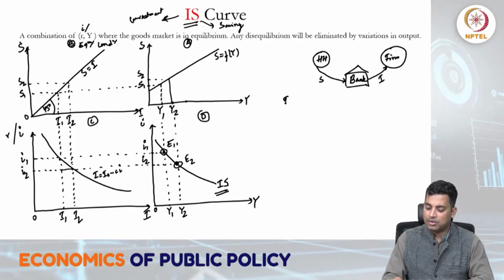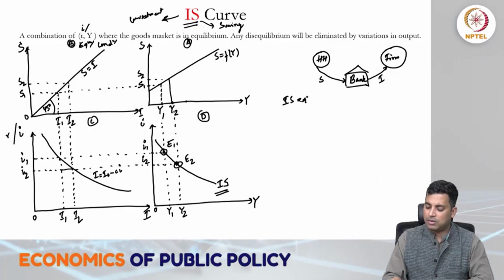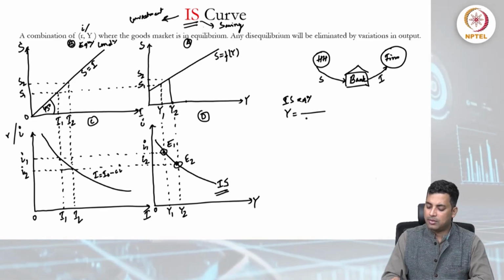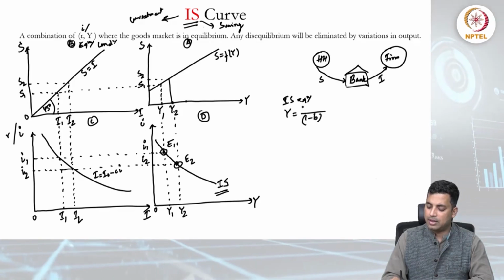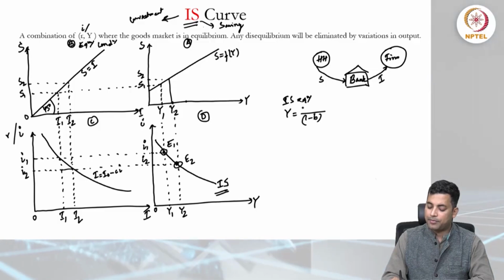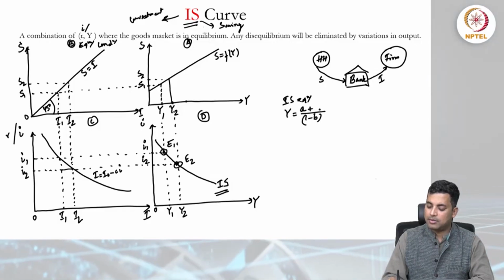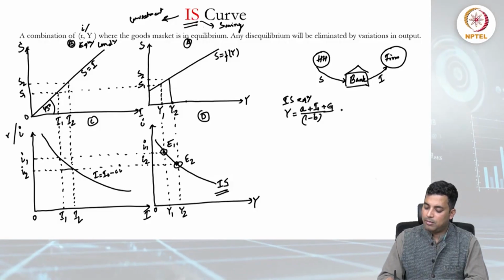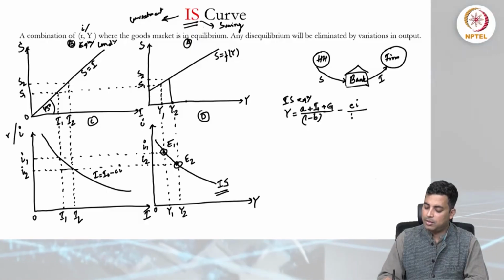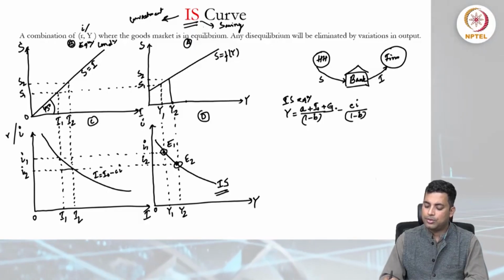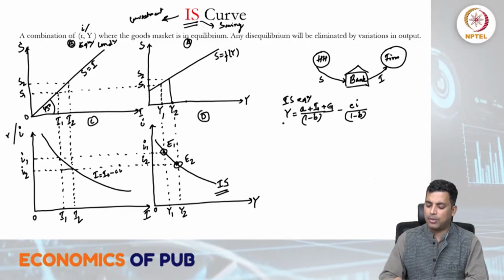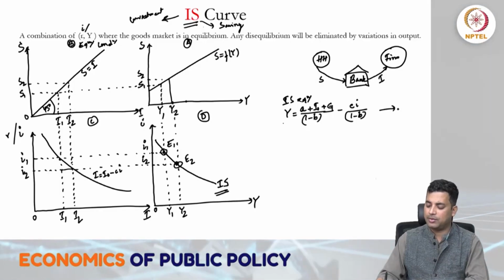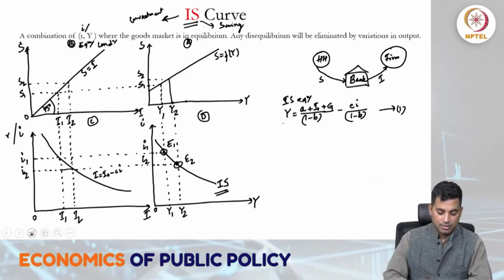The IS equation is: Y equals (A plus I naught plus G minus c i) divided by (1 minus b). So Y and small i are inversely related. This is what we are planning to show you.